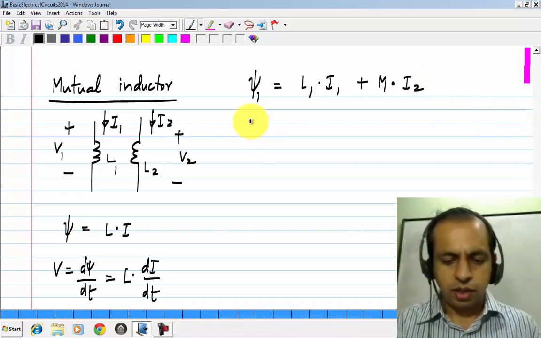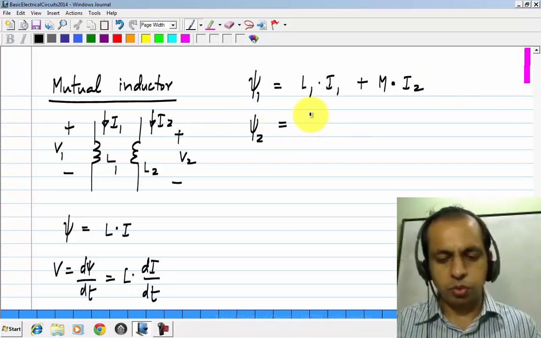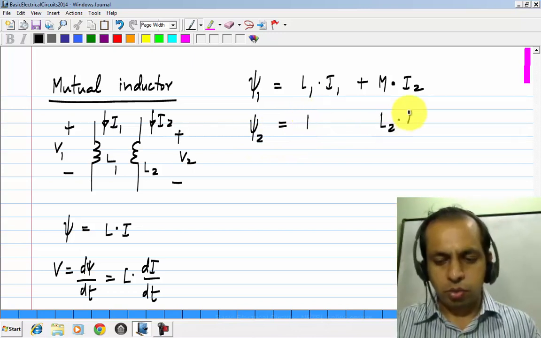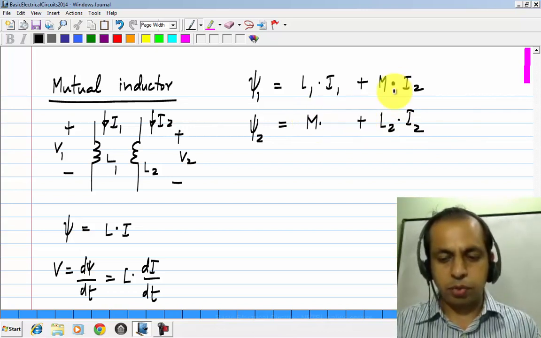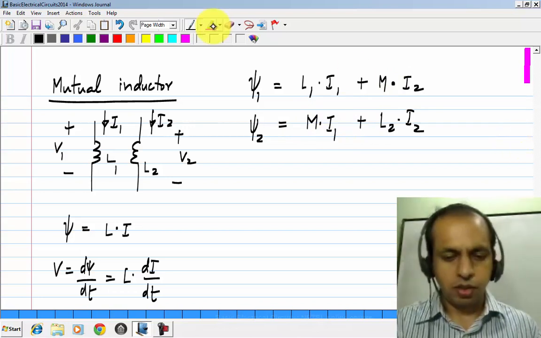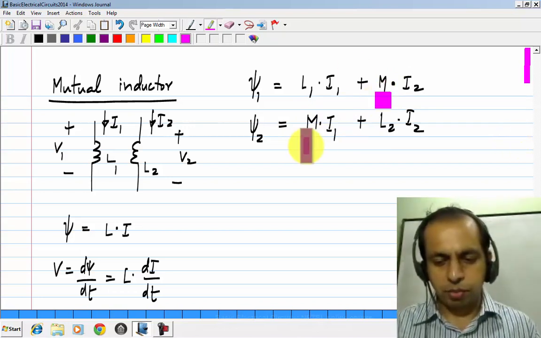And similarly, the flux linkage in 2 is related to L2 I2, which is what you expect given the second inductor, plus the same mutual inductance times the current in the first inductor.